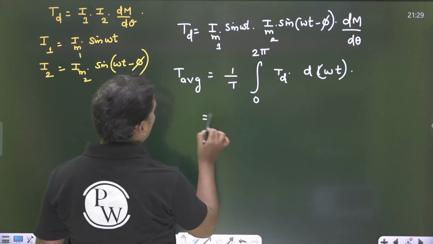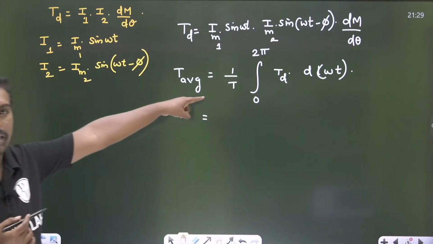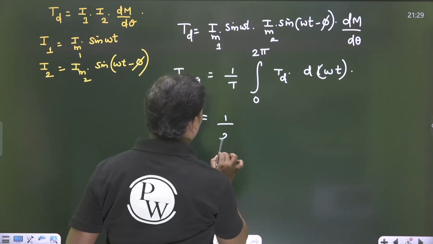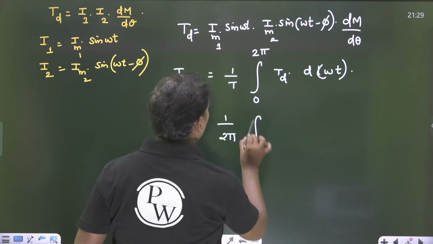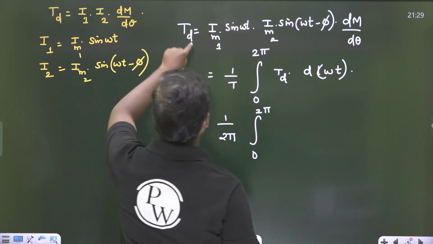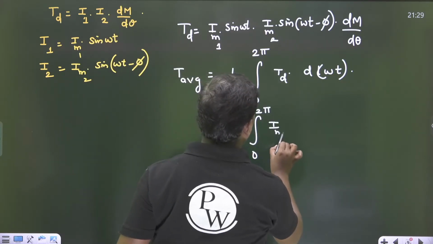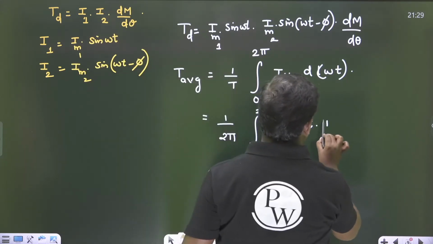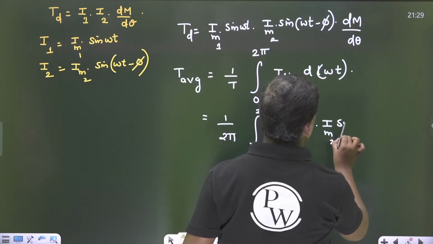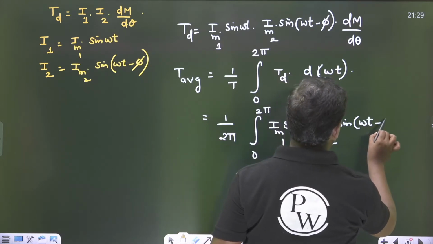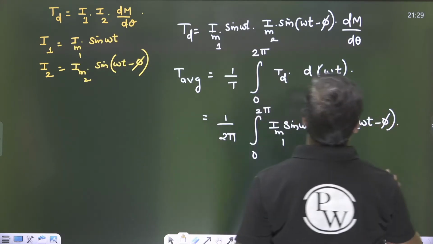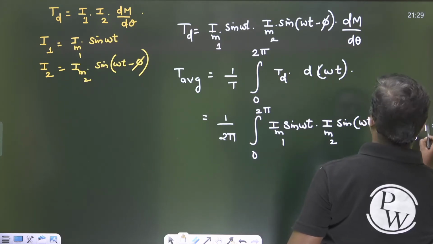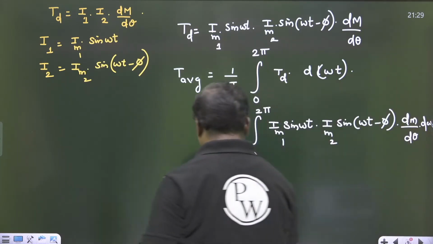So 1 by T means 1 by 2 pi, the average torque. So from 0 to 2 pi, the deflection torque I can write as Im1 sine omega t into Im2 sine of omega t minus phi into dM by d theta into d of omega t.